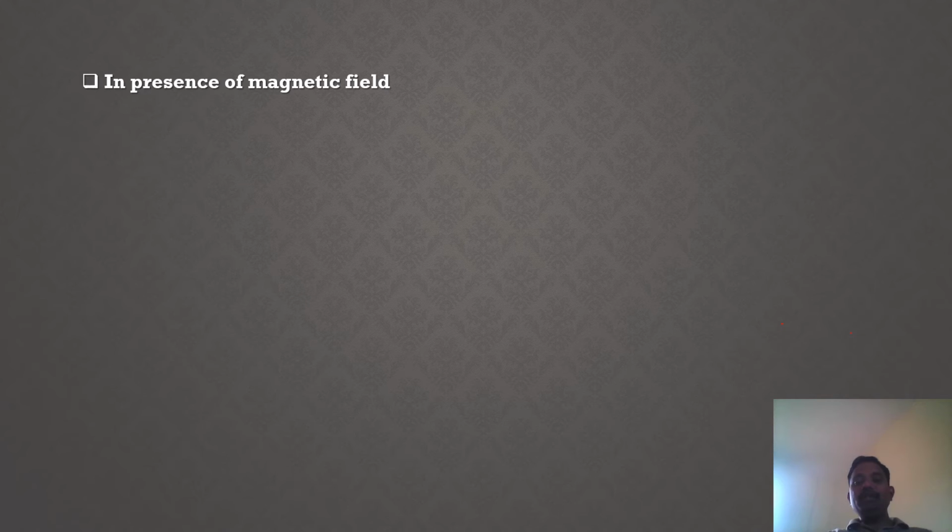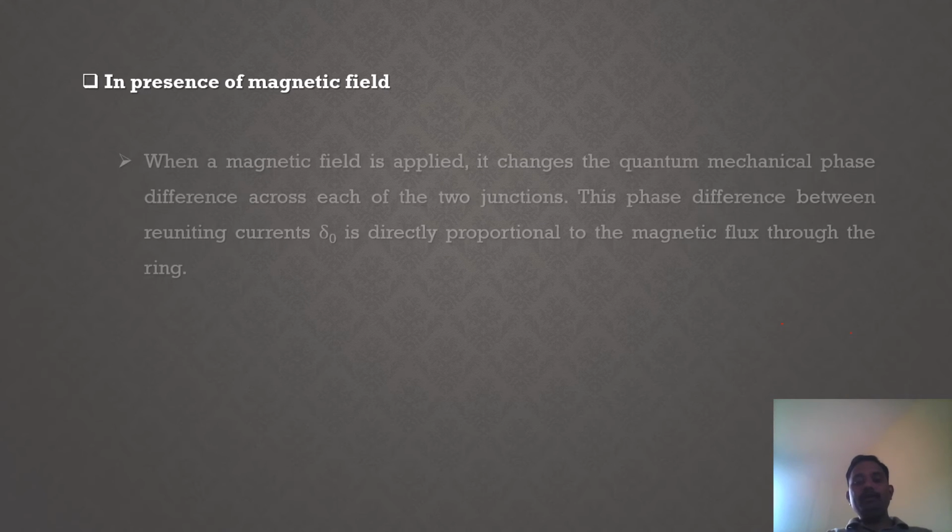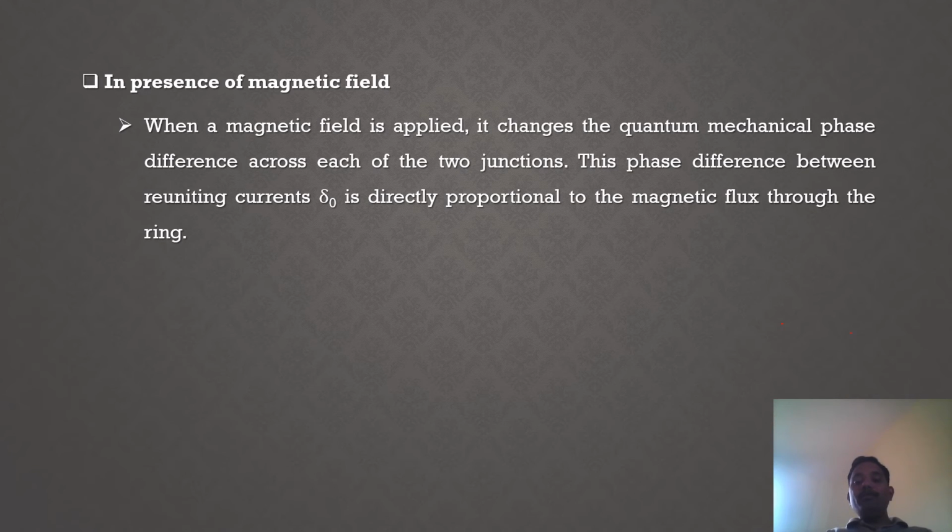So we are saying the presence of magnetic field. When a magnetic field is applied, it changes the quantum mechanical phase difference across both junctions. So at each junction, the phase difference will be changed.